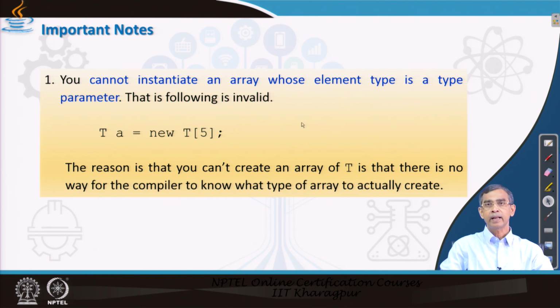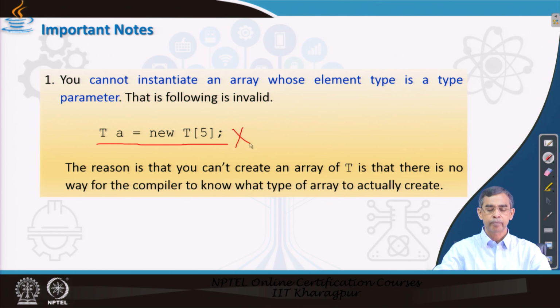If you declare a type as a template, meaning it can hold any type, then in any method you cannot declare a variable of generic type. For example, this kind of declaration in any method inside the generic class is basically invalid.